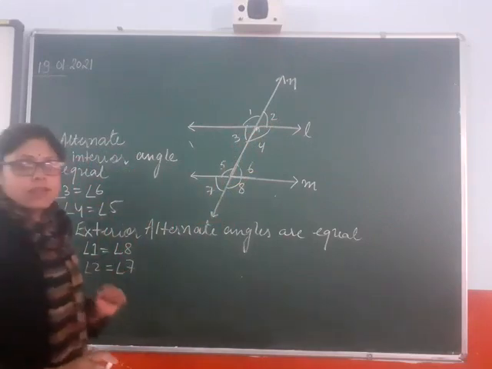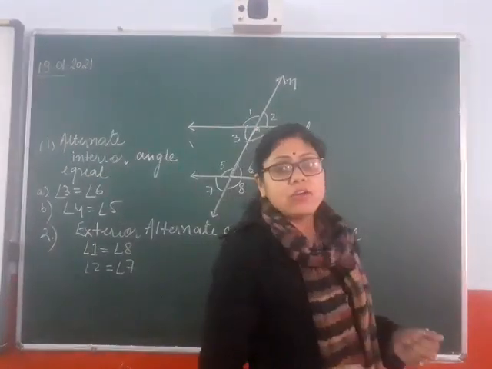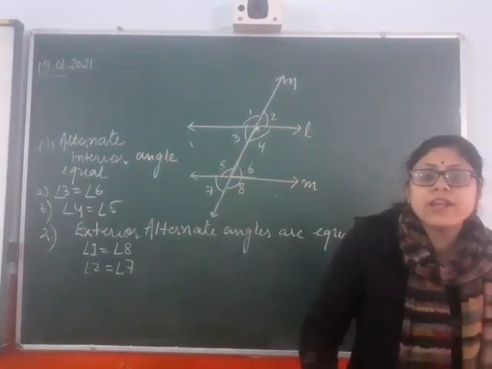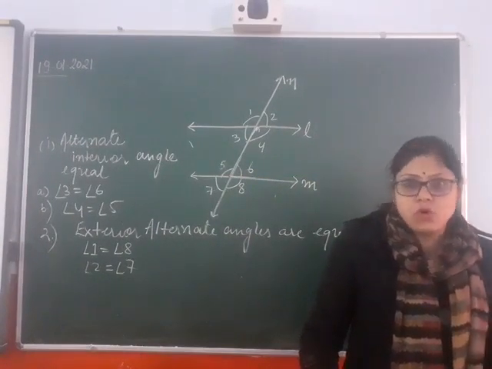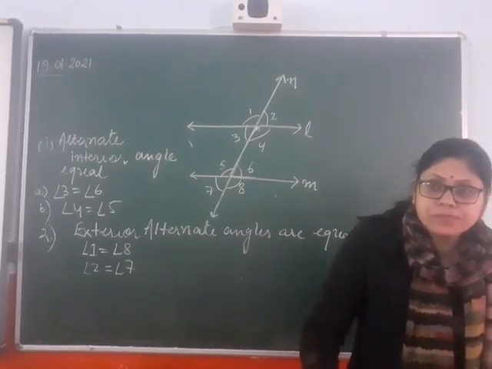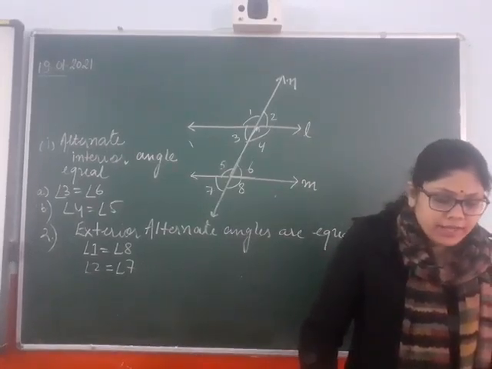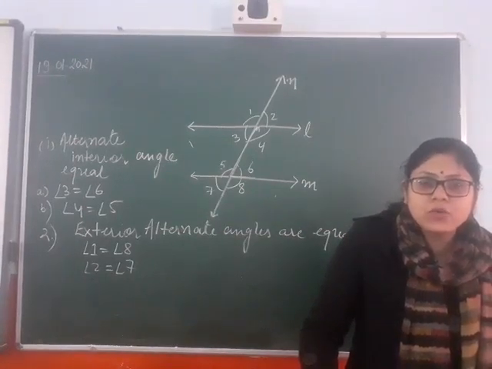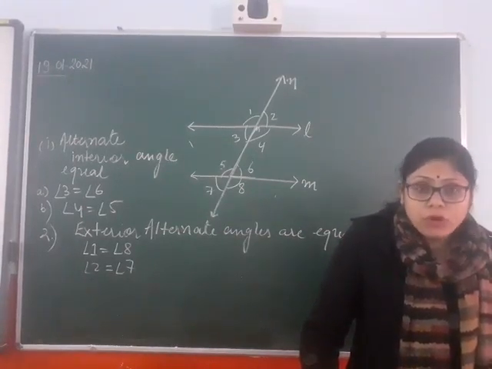Okay, fine. Now third one, what we studied: corresponding angles. There are 4 pairs of corresponding angles. So what is the result for corresponding angles? All the corresponding angles are equal to each other. That means 4 pairs we got.